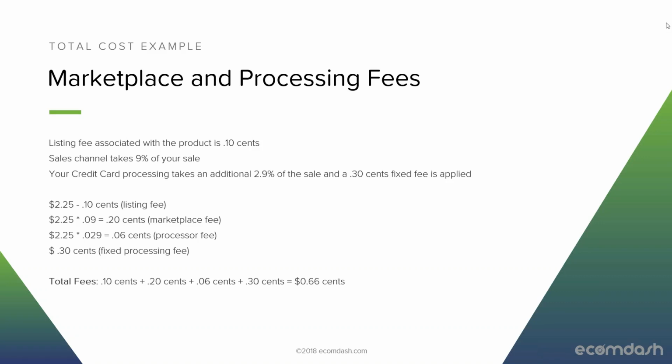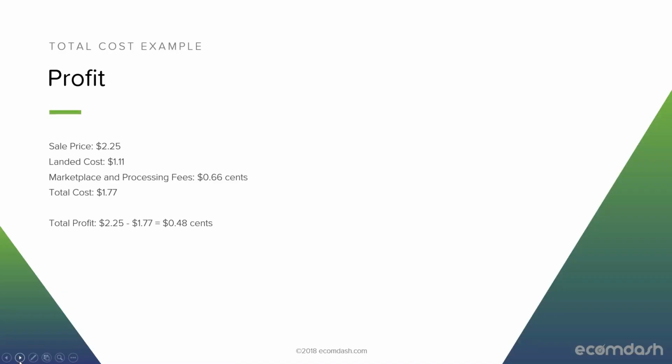You take all those fees, the 10 cents, 20 cents, 6 cents, and 30 cents, and your total fees to complete that sale are 66 cents. So again, that's listing it, when the order's placed, and when your processing company takes their cut.